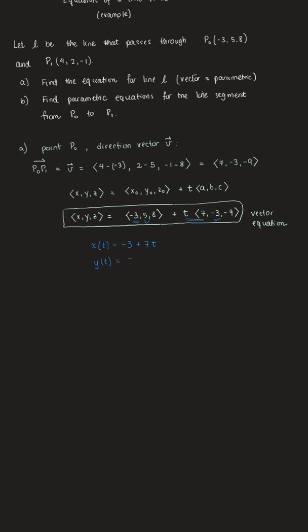I'm reading off the components from the vector equation to get our parametric equation, and z of t will be 8 minus 9t. And since we want a line that goes in indefinite directions, we're going to let t go from negative infinity to infinity. And these are our parametric equations of the line.